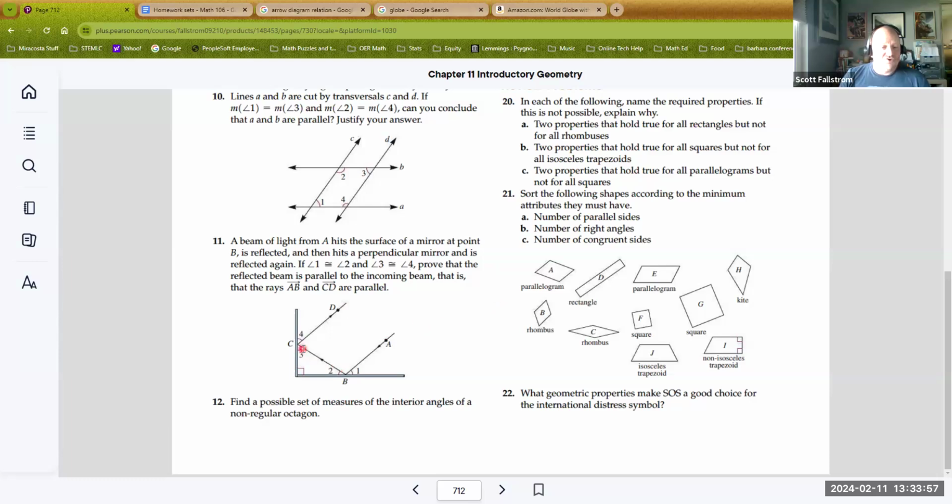This also holds true on a pool table. When you hit a pool table, the ball bounces off as it hits, as long as the wall is flat, it's going to bounce off with the angle of incidence. That's the name: angle of incidence and angle of reflection. So we have those.